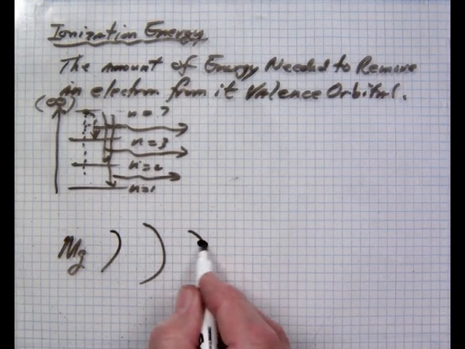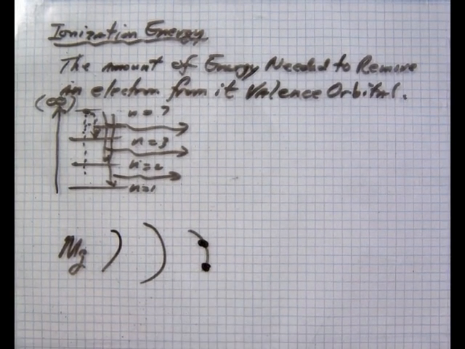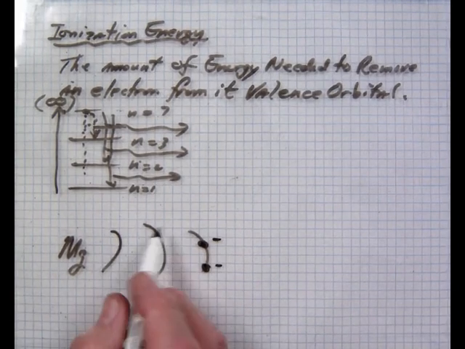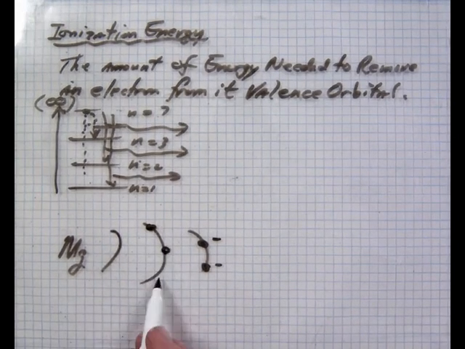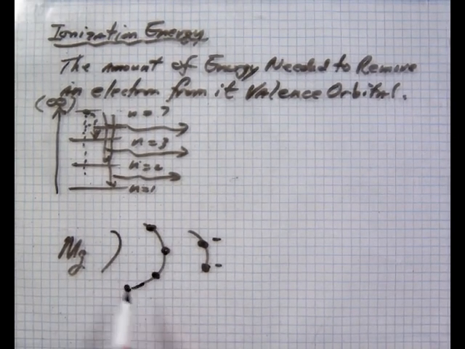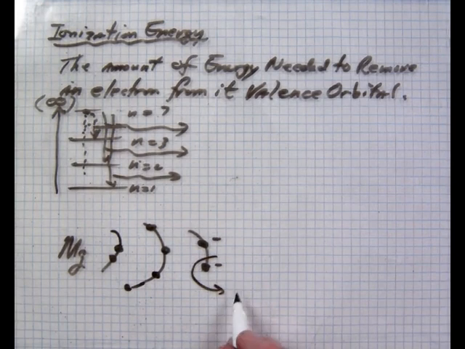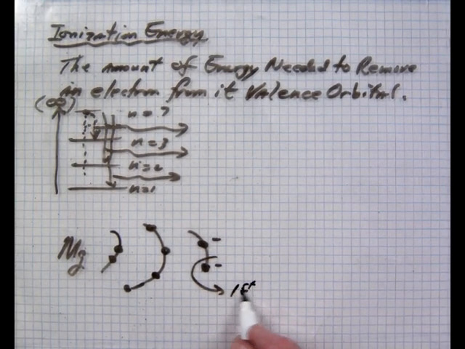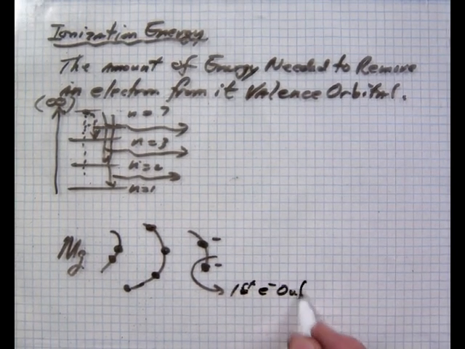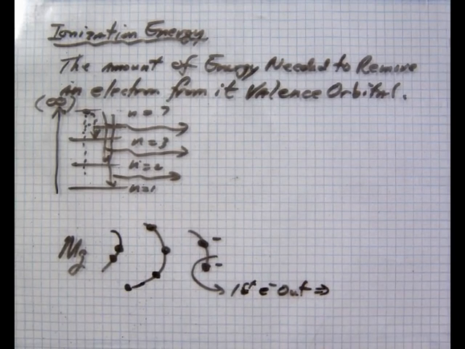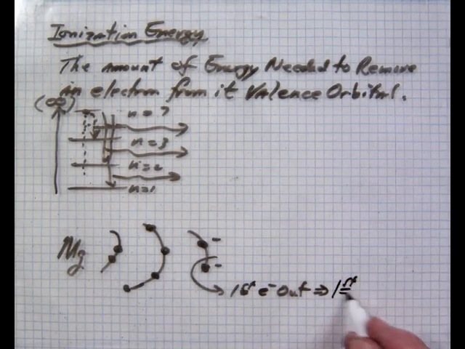Well, the neutral element has 2 electrons in the outer shell, and then it has 8 electrons, and this is only a partial, of course, and then it has 2 in the center. Terminology-wise, the amount of energy needed to knock the first electron out is what we call the first ionization energy.